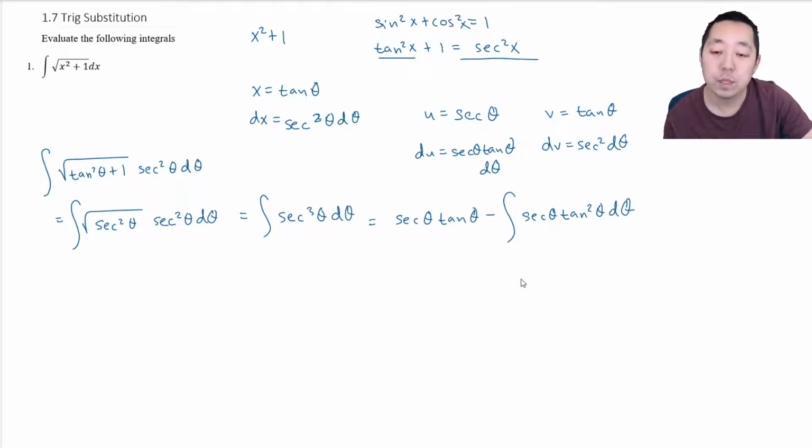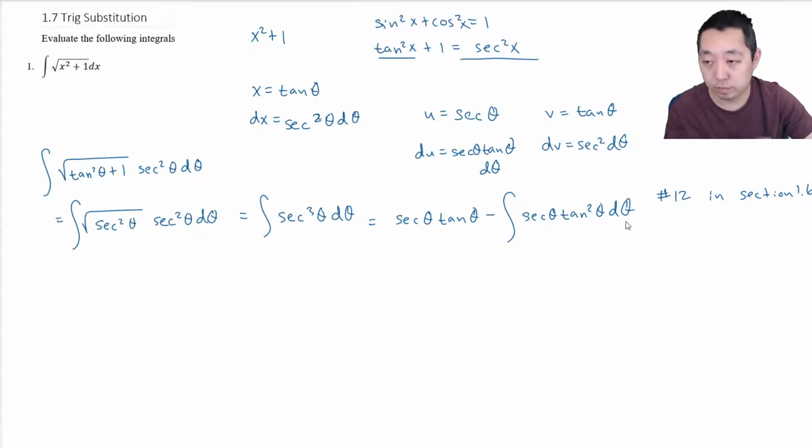We did this integral in section 1.6 to get an answer, so you can look back at how we did this. This is number 12. I think we did this one, yeah, number 12 in section 1.6.